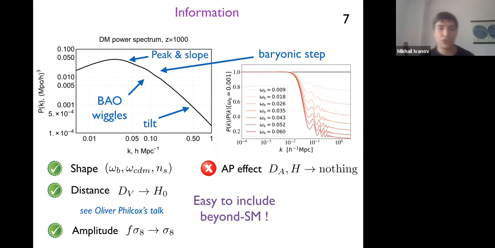And once you know these shape parameters, just like in the CMB, you have the estimates for the features in the power spectrum, and then you can convert the observed angular size of these features into the distance using the absolute size deduced from the measurement of these parameters.